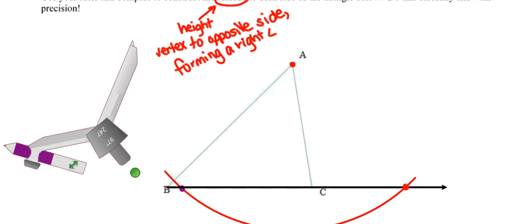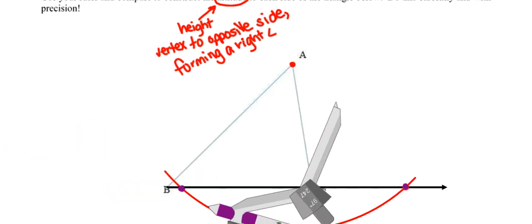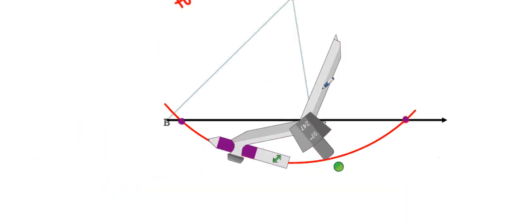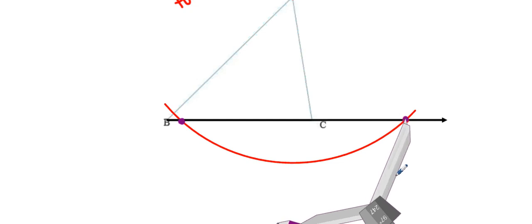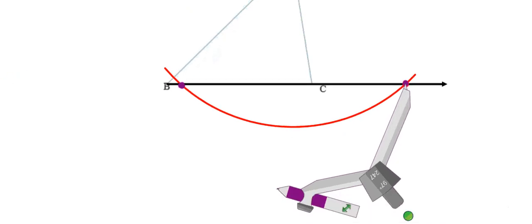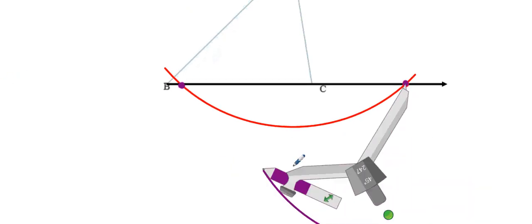And then what I'm going to do is take that line segment that's determined by those two purple endpoints and construct its perpendicular bisector. So again, I'm just going to construct the perpendicular bisector of that line segment.